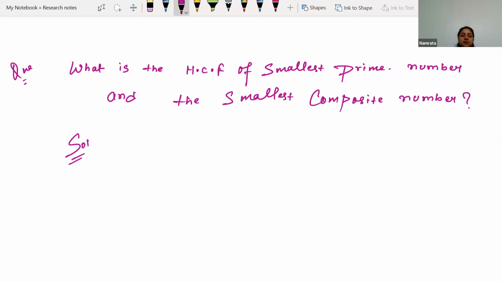4. Yeah. The smallest prime number is 2 and the smallest composite number is 4. If you are having any doubt in this part, prime numbers are numbers which are just divisible by 1 and itself, and the smallest prime number is 2.